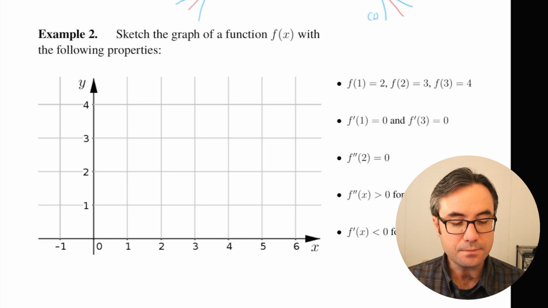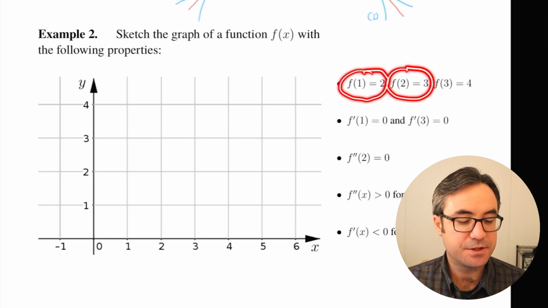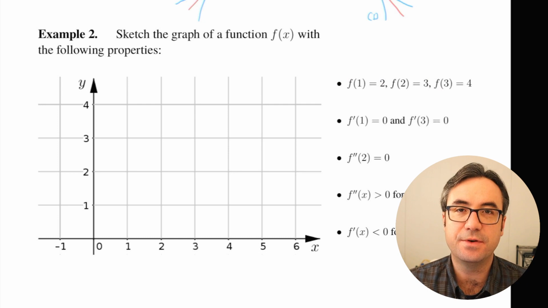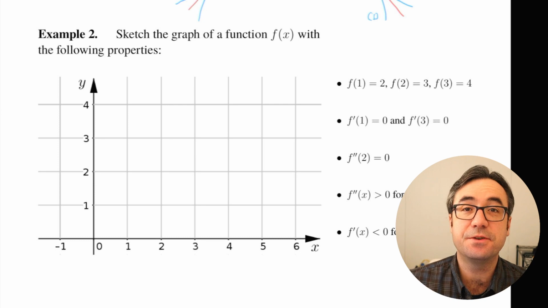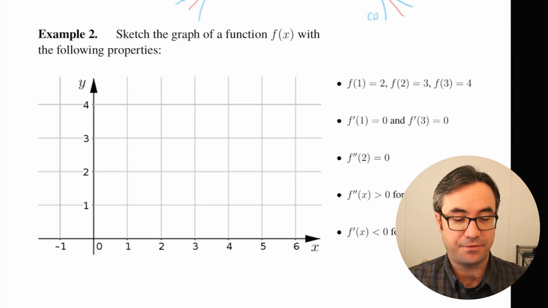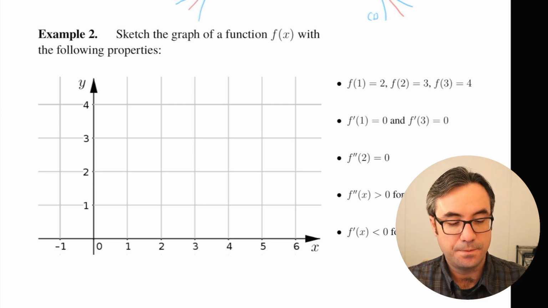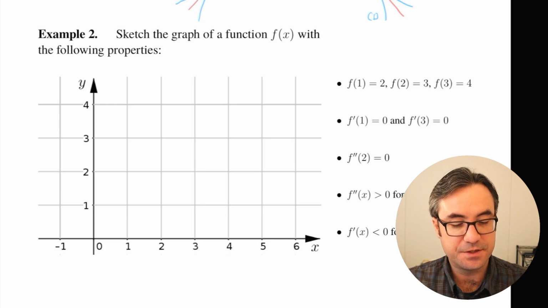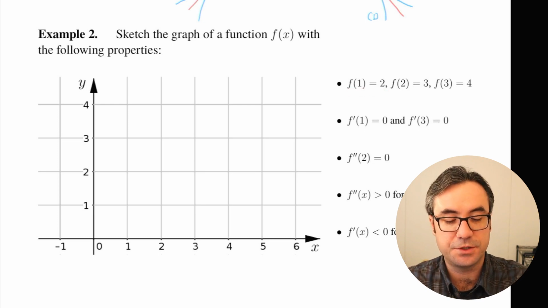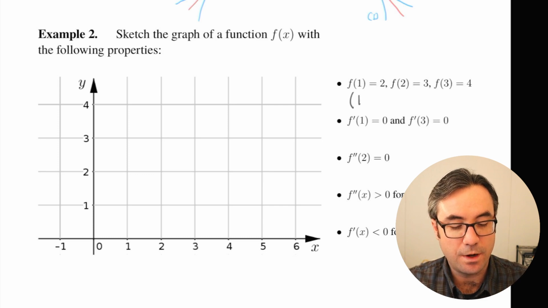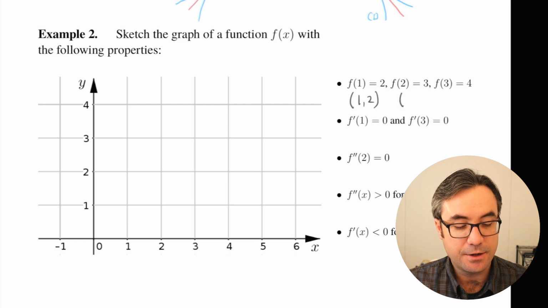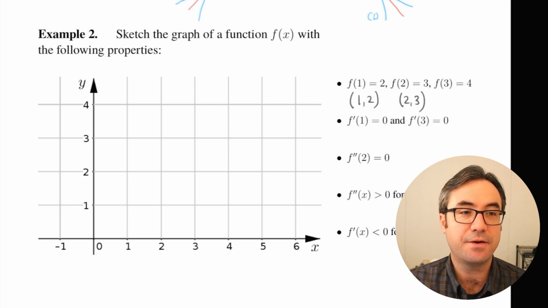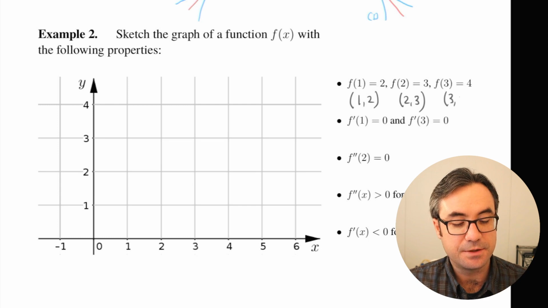We're given three pieces of information about our function, and these tell us specific points that are on the graph. For instance, this first function value, f of 1 equals 2, tells us that (1, 2) is on the graph of our function. The second one tells us that (2, 3) is on the graph. And the last one tells us that (3, 4) is on the graph.